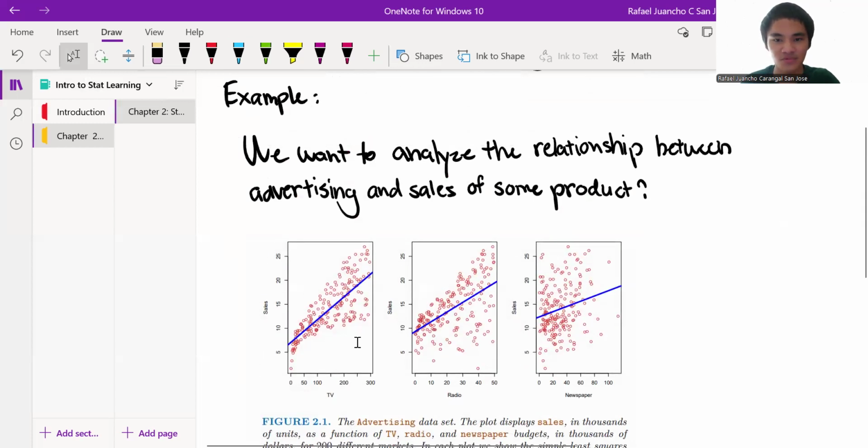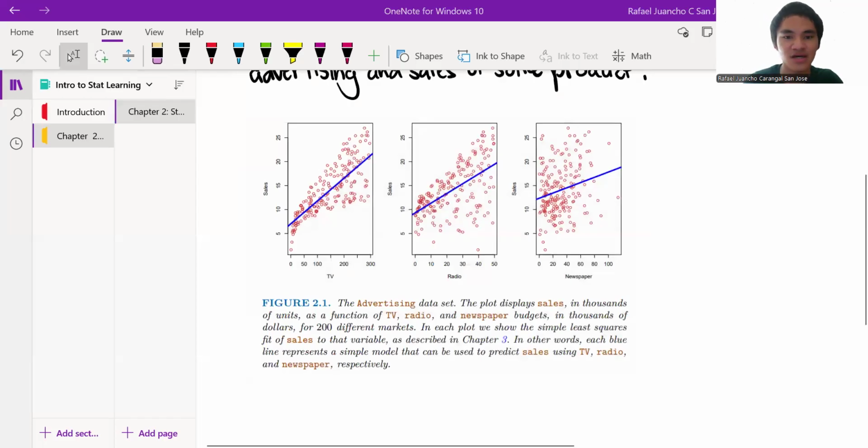Okay. What's the big idea here? Apparently our client cannot directly increase the sales of the product, right? There has to be some factor that's making our sales increase or decrease. And so we're going to look at advertising in order to identify that factor, right? But here's the good thing about it. Even though the client cannot increase the sales of that particular product, they can actually control the advertising expenditure.